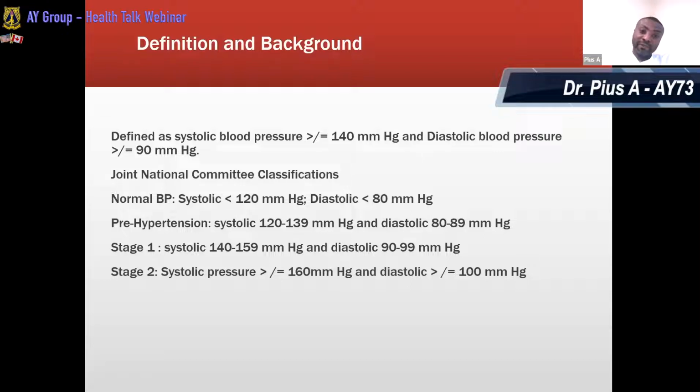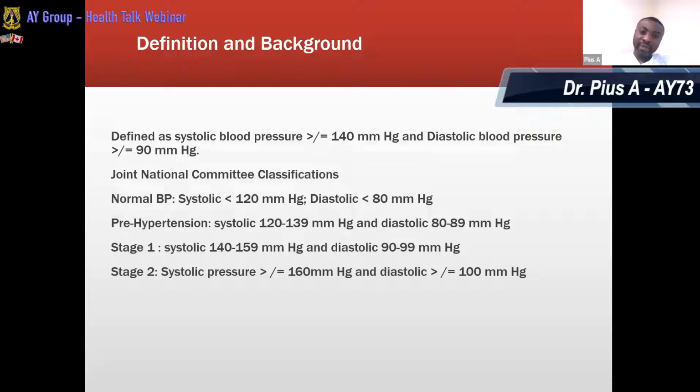So hypertension is defined as a systolic blood pressure. Usually we'll call a doctor's office up. We use your left or right arm, and then we check your blood pressure. We have two numbers. One is on top, one is at the bottom. The bottom one is the diastolic, the top one is the systolic. If your systolic is more than 140 and your diastolic is also more than 90, it is considered hypertension.